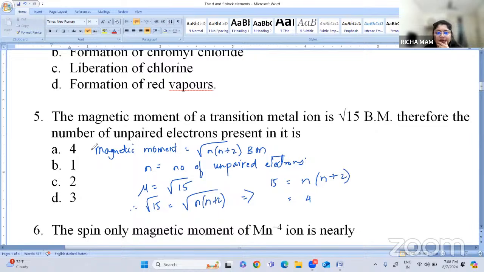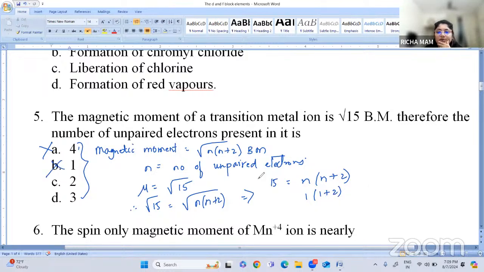If I put 4, 4 plus 2 is 6, 6 into 4 is 24. So this is wrong. Then next, if I take n as 1, 1 into 3, 3 ones are 3. So this is also wrong.